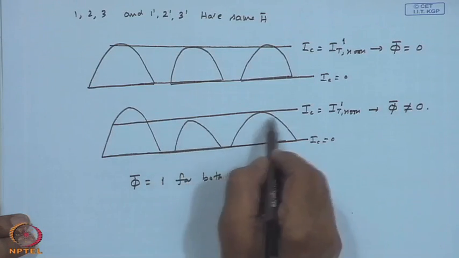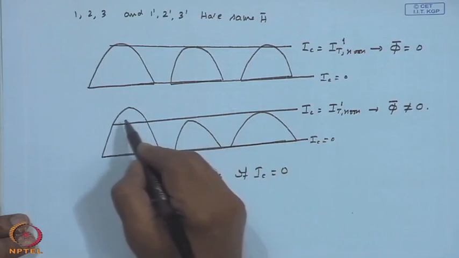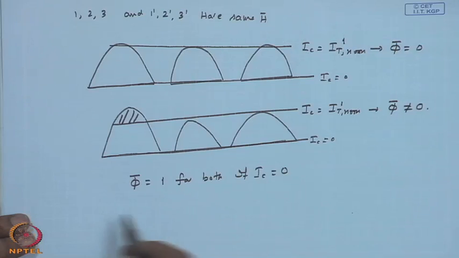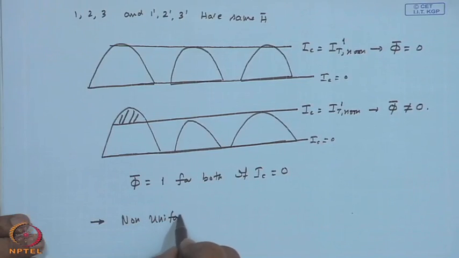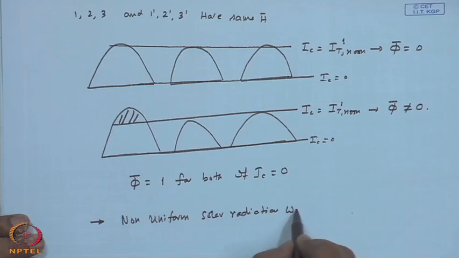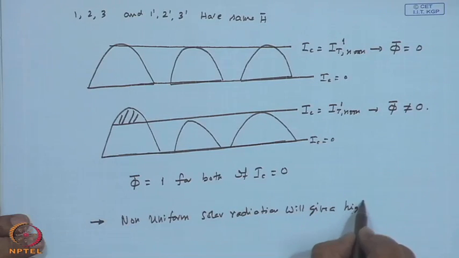These negative contributions do not contribute, okay. This does not subtract from this. So, I have this positive. So, looks like I can make a generalization, if you do not mind, non-uniform solar radiation from day to day will give a higher utilizability.